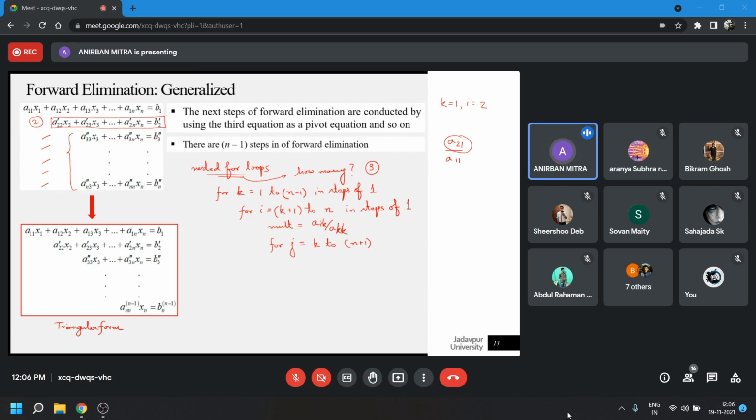That also needs to be modified with the same multiplier. So that's why it goes to n plus 1 in steps of 1. Inside this loop, you will modify the coefficients according to this expression. So aij will be assigned the value aij minus the multiplier into akj.